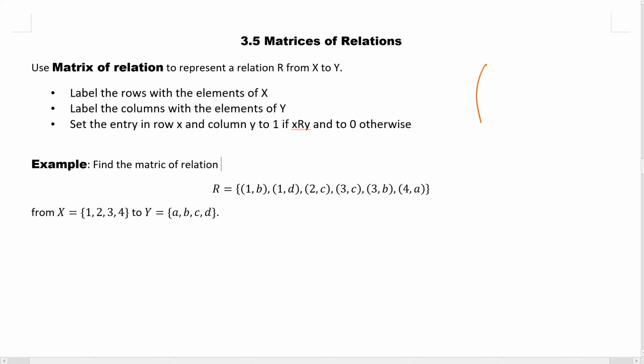So given the matrix, let's say we have 1, 0, 1, 1, 0, 1, 0, 0, 1, 0, 0, 0, 0, 0, 0, 1. Okay, and then let's make it more interesting. So these are the rows.